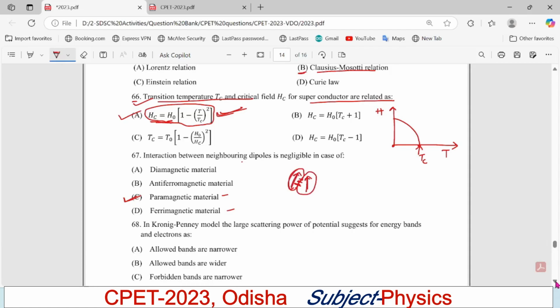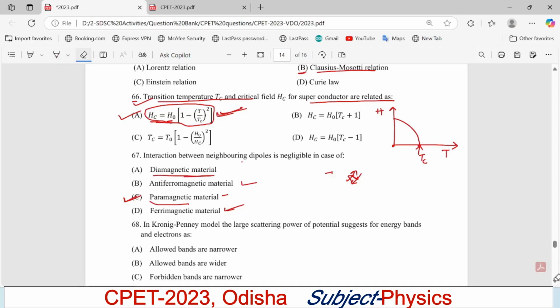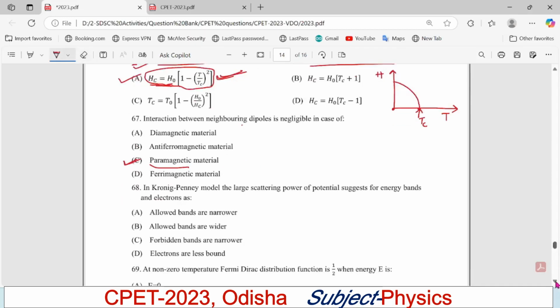Only because of that are the adjacent dipoles aligned with each other, and only then can we get a ferromagnetic material. Antiferromagnetic means the dipole moments are opposite to each other, but they have some link. Diamagnetic is the same concept. But in paramagnetic materials there is no interaction between two adjacent dipole moments; they are free to move with the applied magnetic field. So for this question, option C is your correct answer.